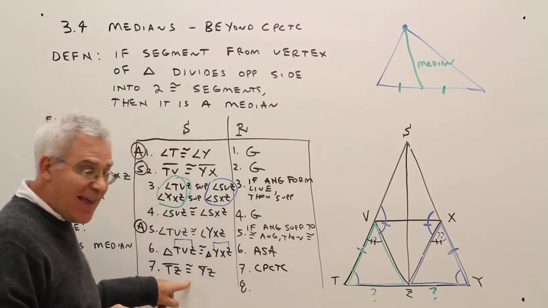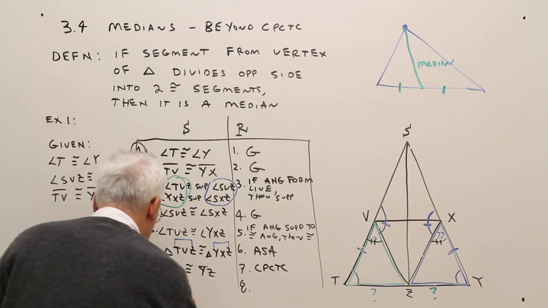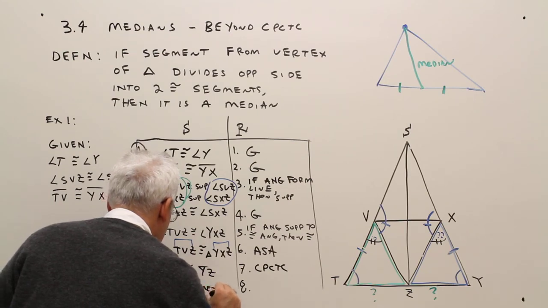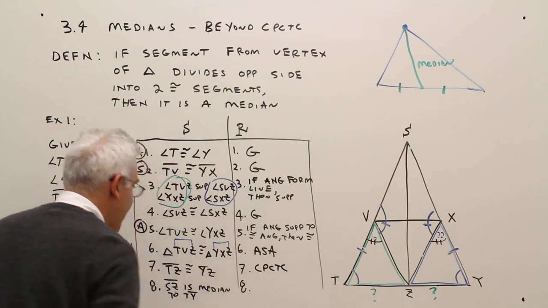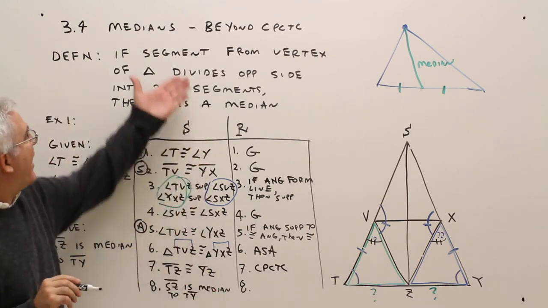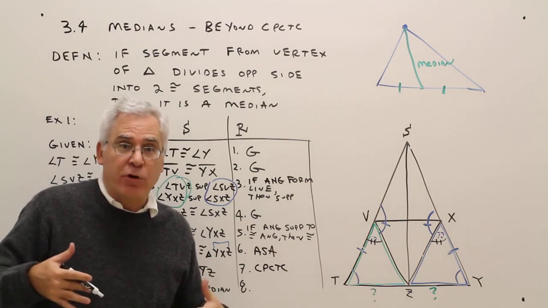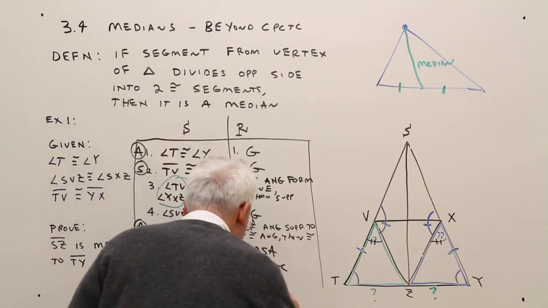And once I get this, now I can use my definition. So SZ is median to TY. And now, instead of writing out all of that, I will allow a picture. So if you want, you can say the following.